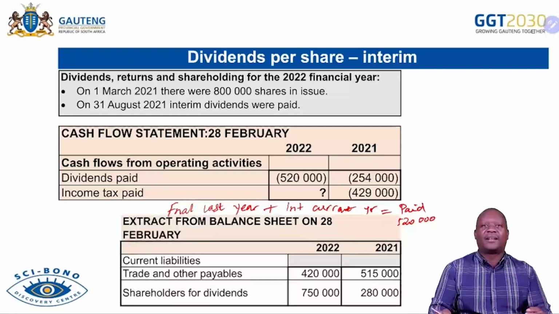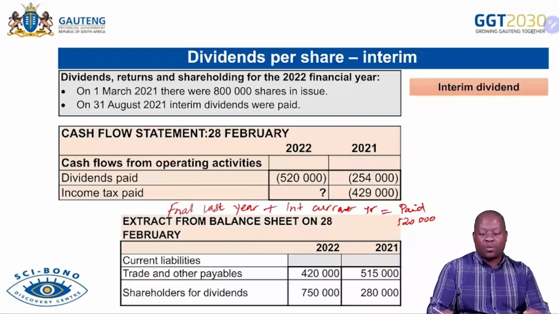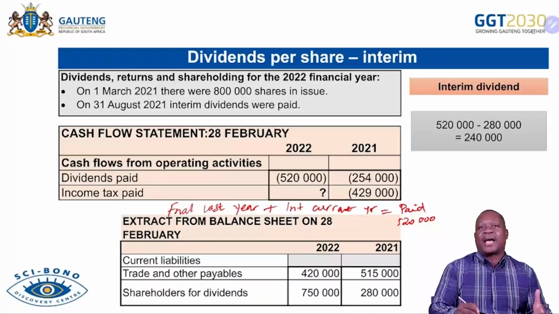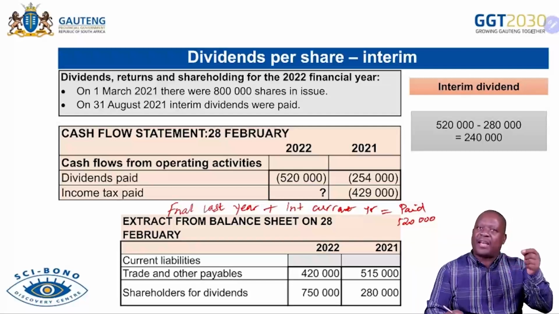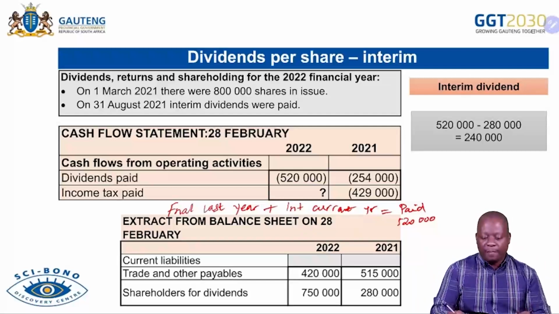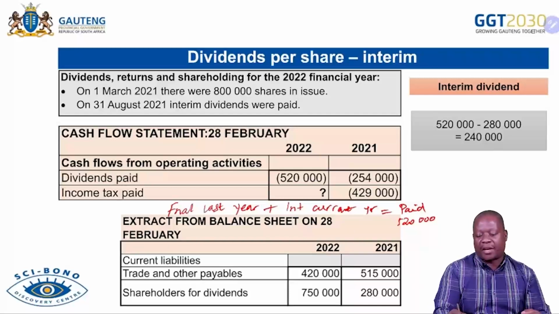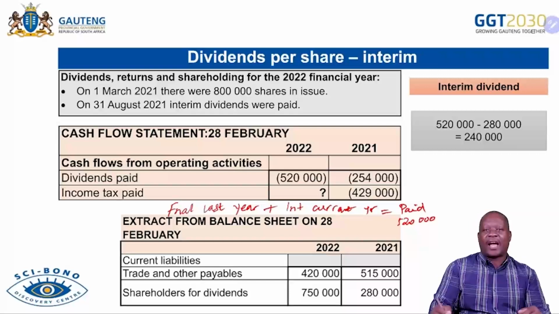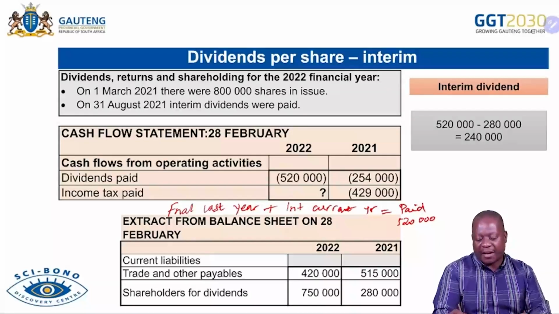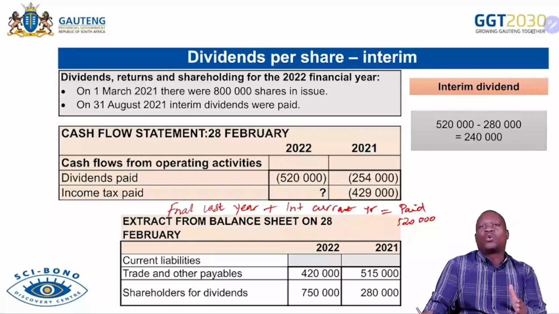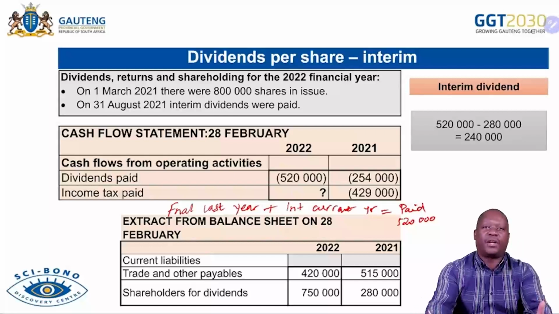The total paid, which is 520,000, minus the final of last year, which is 280,000, gives us 240,000. So it simply means we are paying 240,000 as dividends to shareholders who own 800,000 shares.